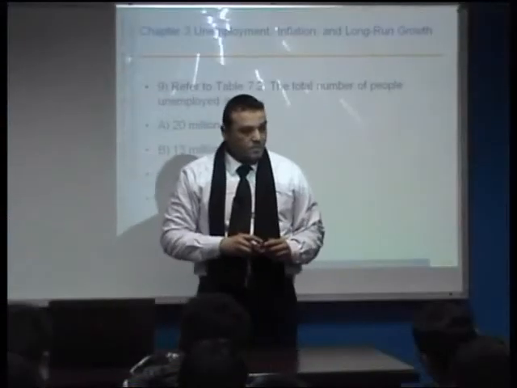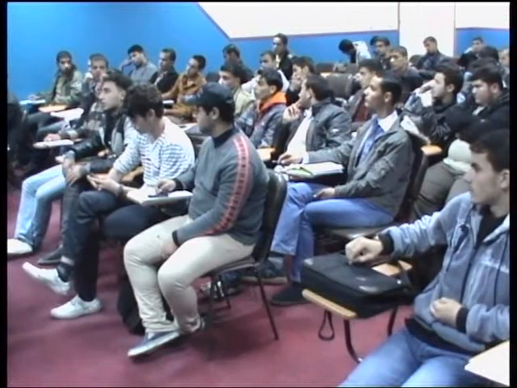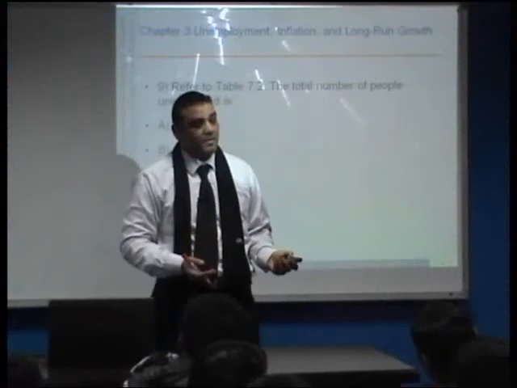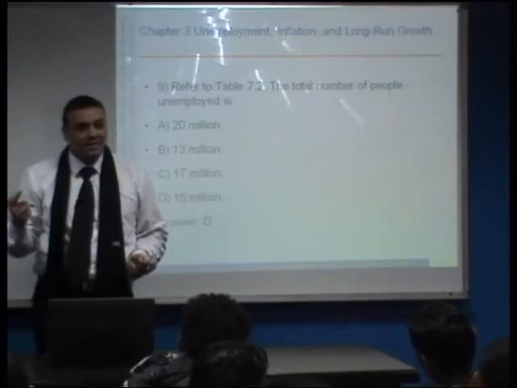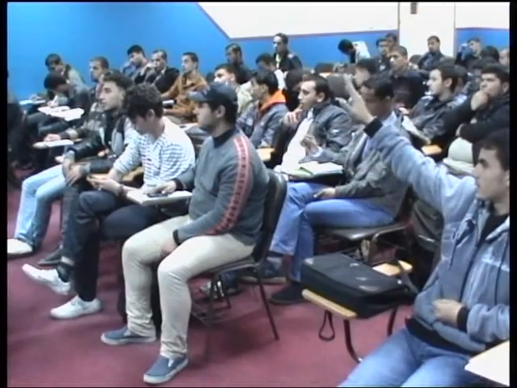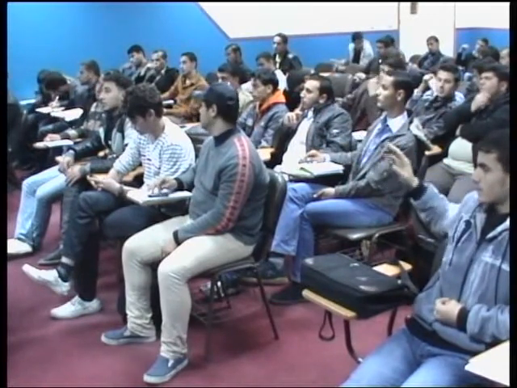Labor force minus employed. Minus what? Where is the number of employed here? It's not given. We can derive it from what? Population minus labor force. Population that's unemployed. No. From the unemployment rate.